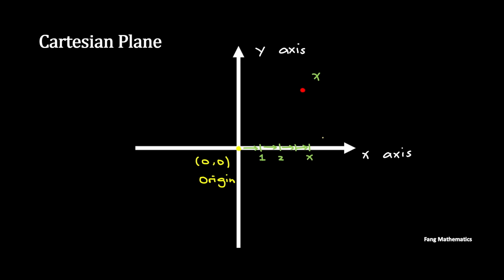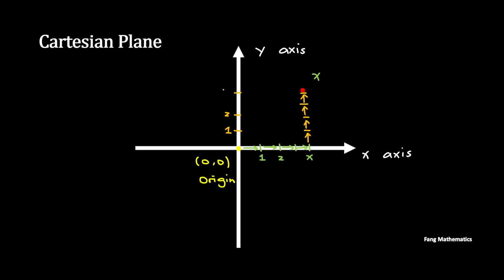And remember, this is a two-dimensional plane. You move both in the horizontal and vertical direction. So after you move horizontally, you start moving vertically, either up or down. In this case, we move up. So 1 unit, 2 units. In a similar way, you move the number of units and reach the point.